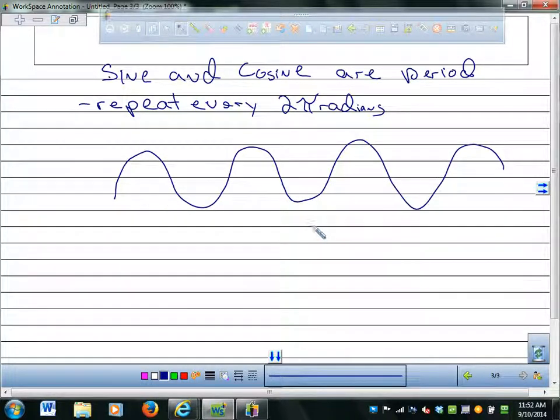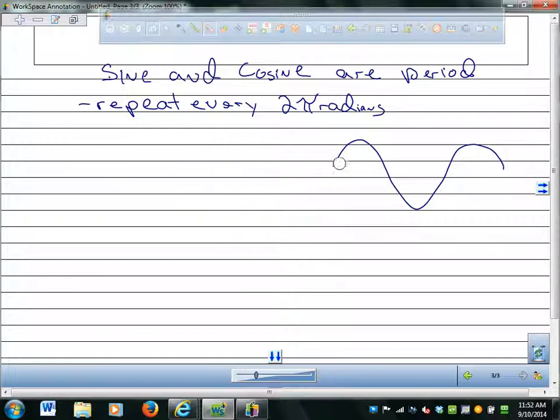We talked earlier, that could be the distance of a planet or a satellite from Earth, or the distance of Earth from the sun at various points in time, or it could be tides going up and down, or it could be a sound wave. So there are lots and lots of things in real life that are periodic like that, okay? And so that's how we model them.